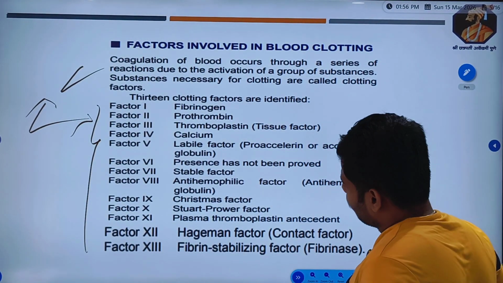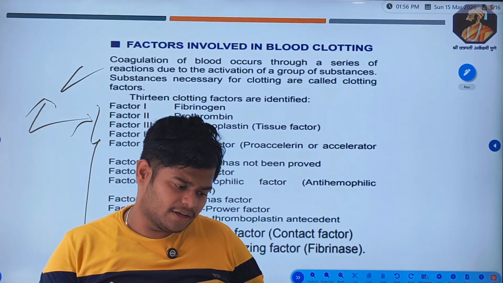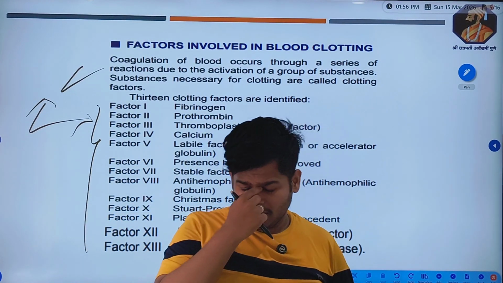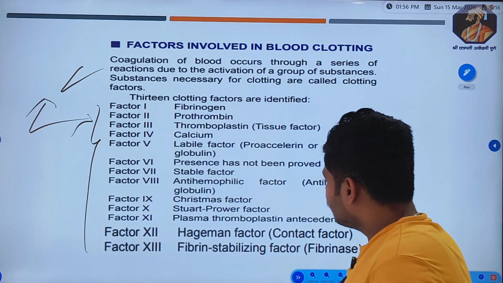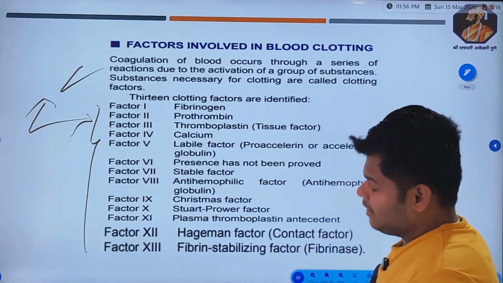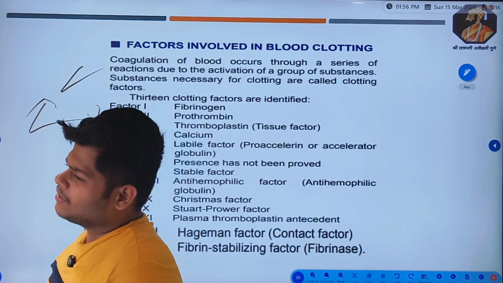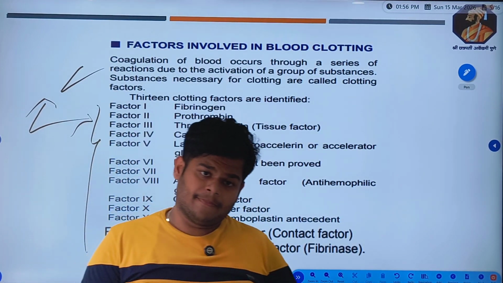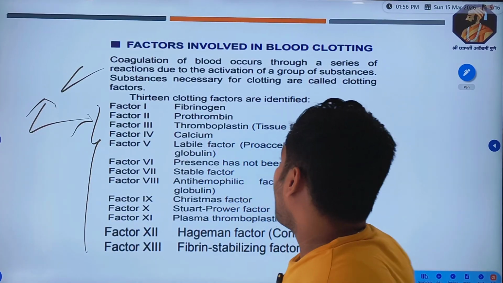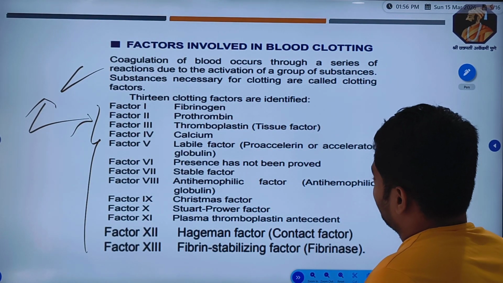These are 13 clotting factors. They were named according to their inventor scientists. Only the ninth one is not named according to its scientist, it is given according to its patient's name. All the others are given by their scientist names.